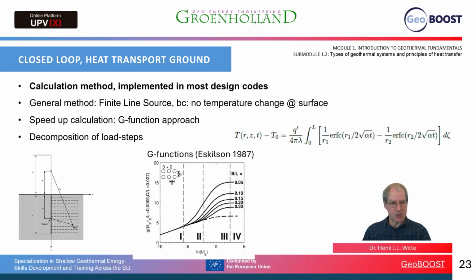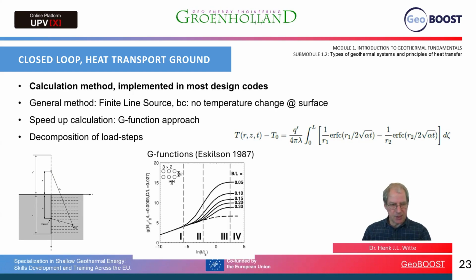With these G functions, you calculate the temperature change in the borehole heat exchanger system for one particular time step with one particular change of heat rate, and then we use this to calculate a characteristic function, the G function, that tells us how the whole array will respond to changes in heat load.